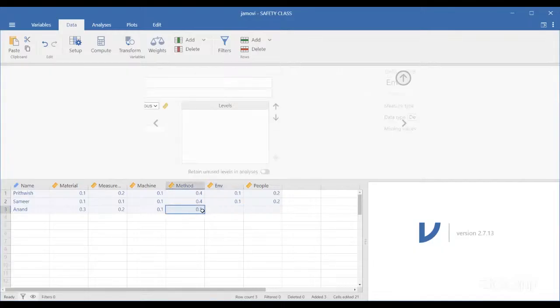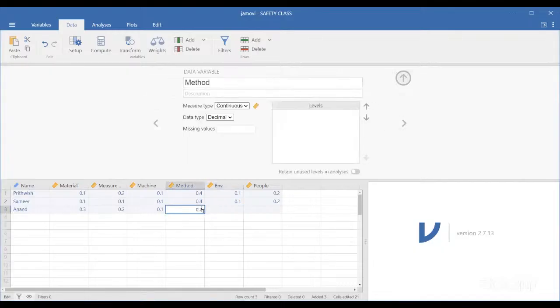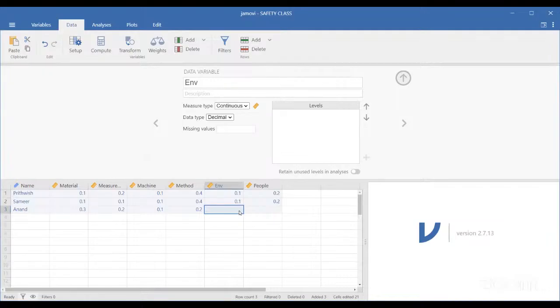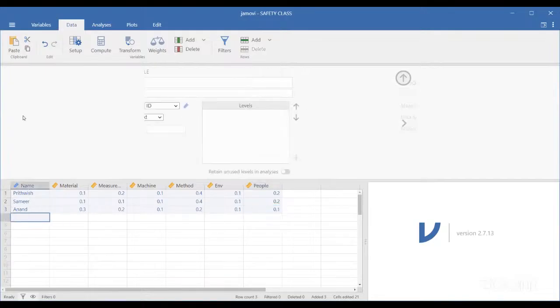Method 0.2. Environment 0.1. People 0.1. Okay. Now, next.